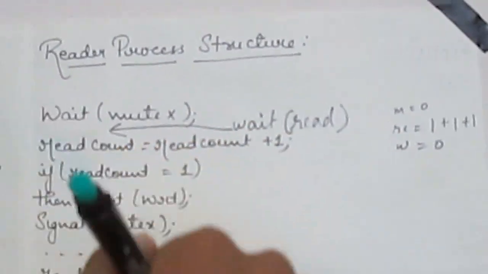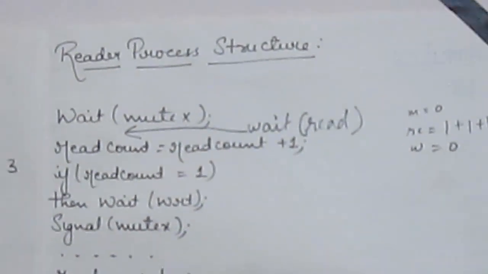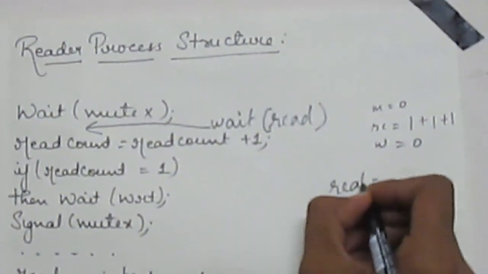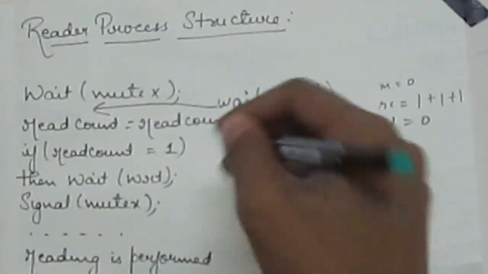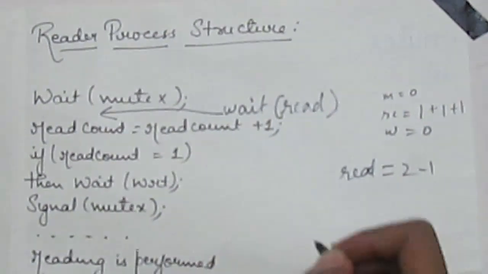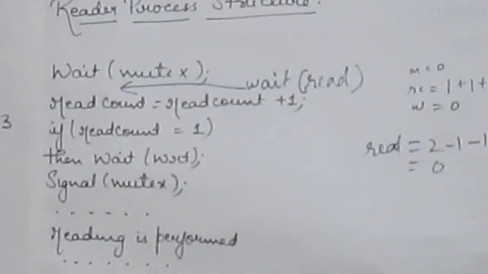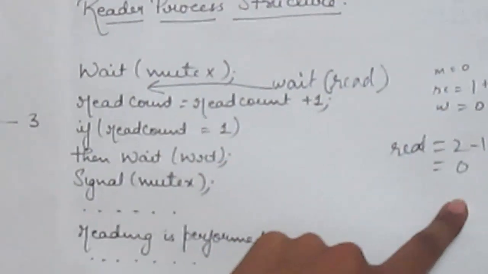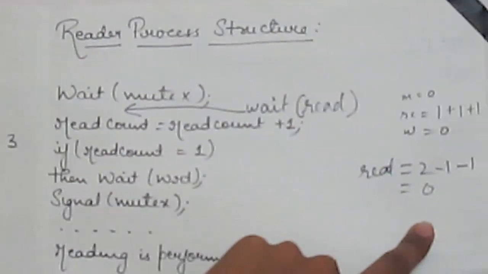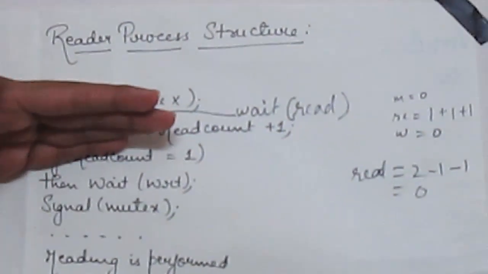And let's say one more comes, it will decrease by 1 more. Let's say one more comes, it will decrease by 1 more. So it will finally become 0. That means after the entrance of 3 readers, my read will become 0. So a maximum of 3 can enter inside it.